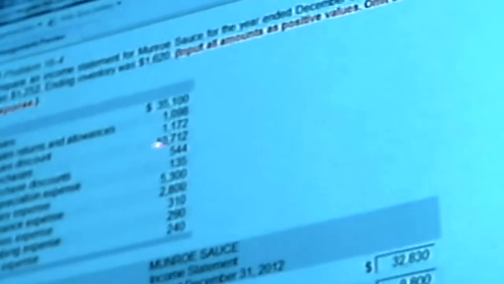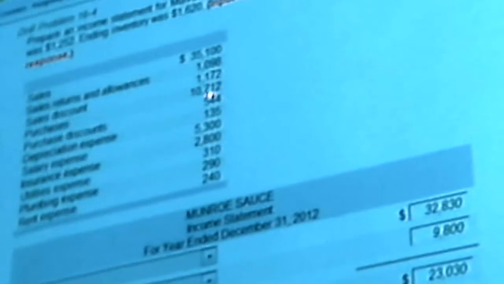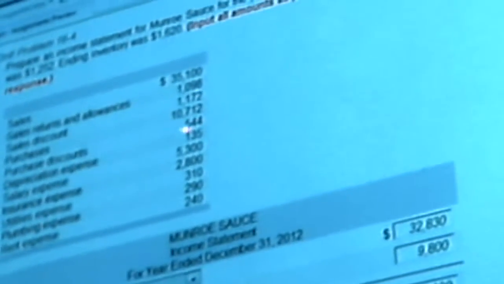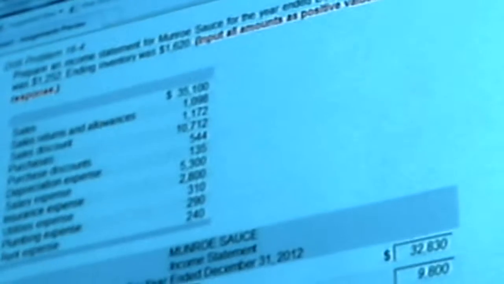And we got purchase discounts from our suppliers, so minus that. We subtract the 544 because we don't have to pay that. Are we there yet? Not quite. We subtract ending inventory. And then there's the whole thing, and you have your cost of goods sold.